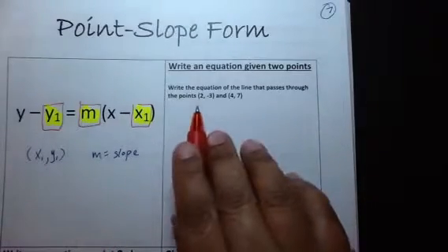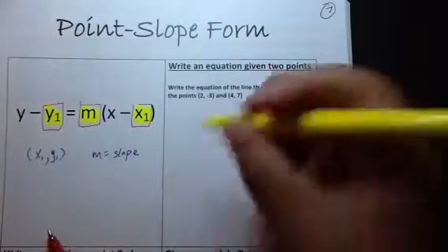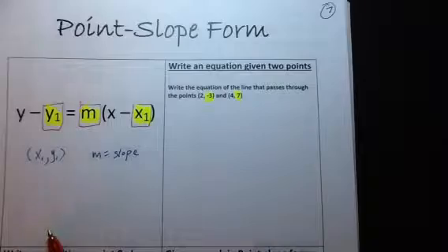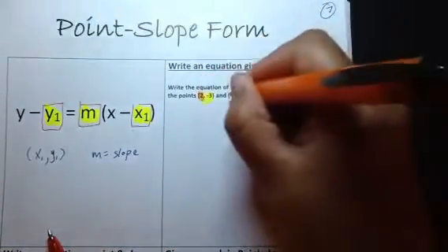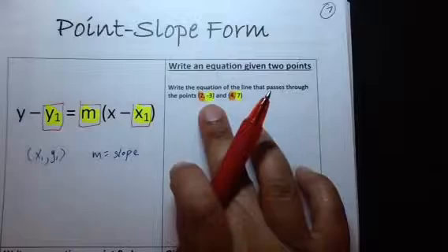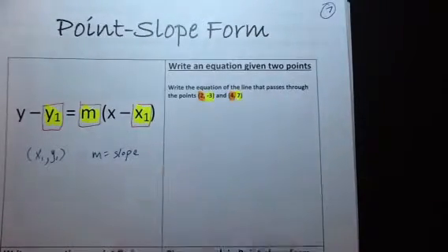So remember, when you're finding slope from 2 points, you're going to subtract your y's, and then you're going to subtract your x's. What we should have learned is that if you want to call point 1 or point 2, it doesn't matter which one you call as long as you keep it in the same order.